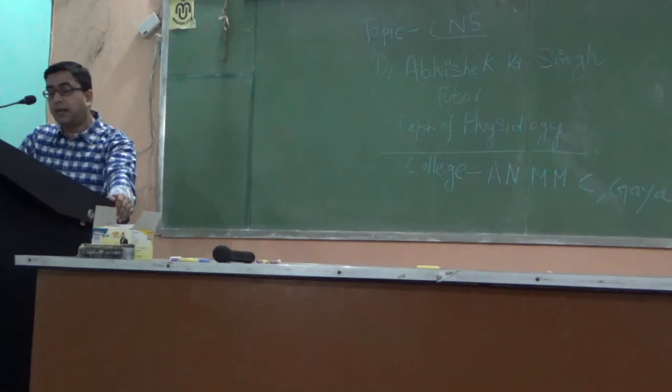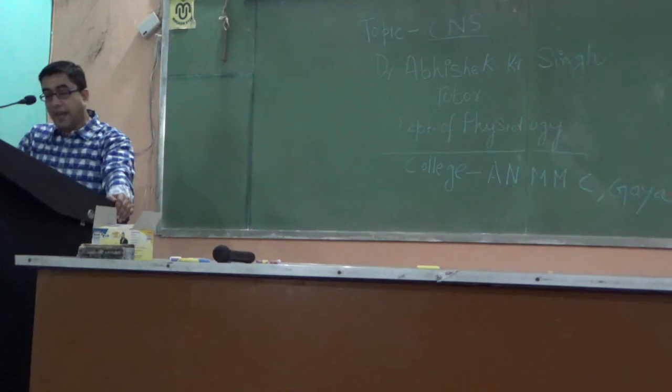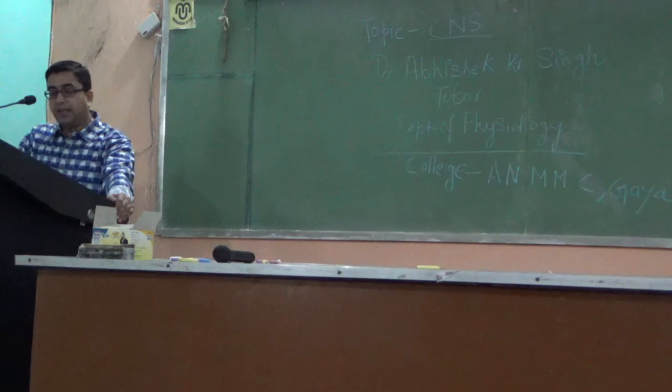Then comes the microglia cells. These are the smallest cells in the central nervous system, and they are basically the scavenger cells in the brain. They become mononuclear phagocytes to eliminate debris and organelles.